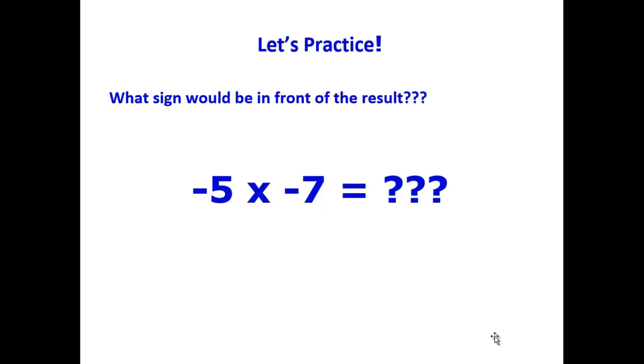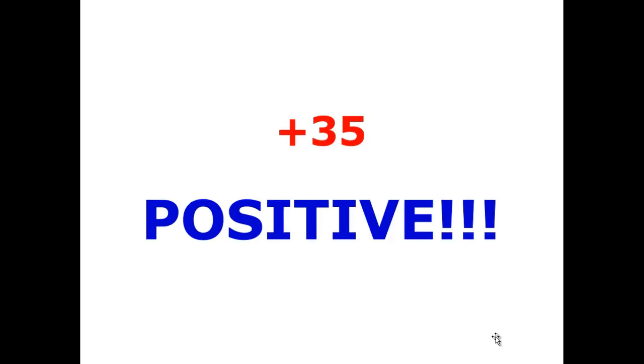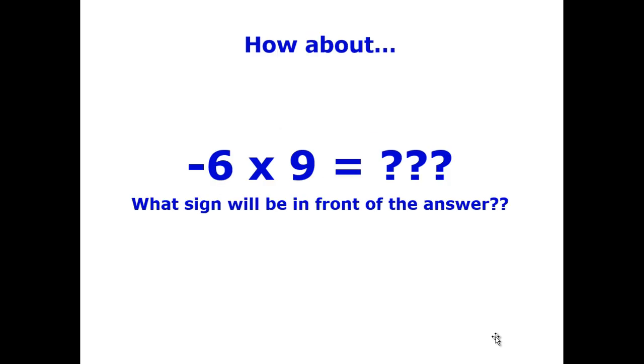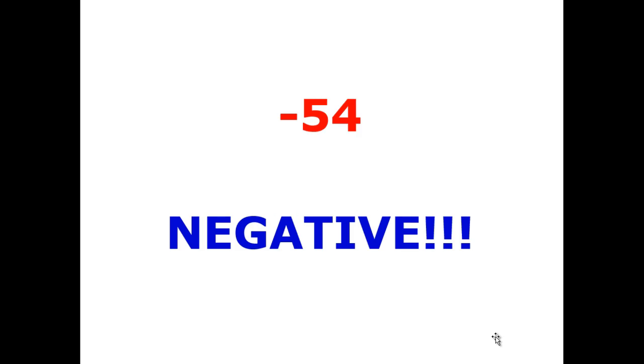Let's practice. What sign would be in front of the result? When -5 is multiplied by -7 is equal to +35. It's positive. Now -6 multiplied by +9 is equal to, what sign will it be?